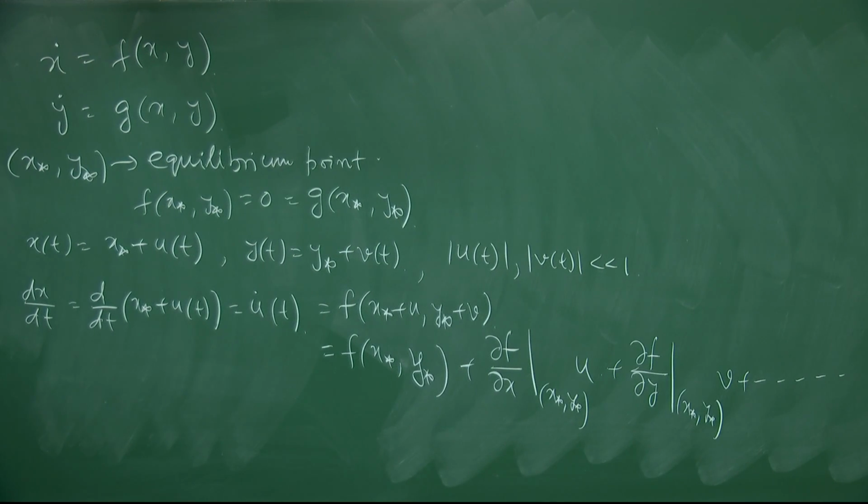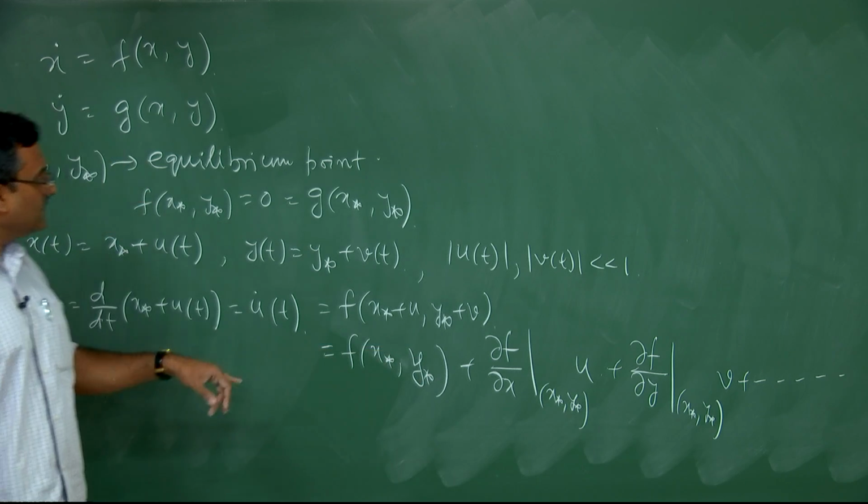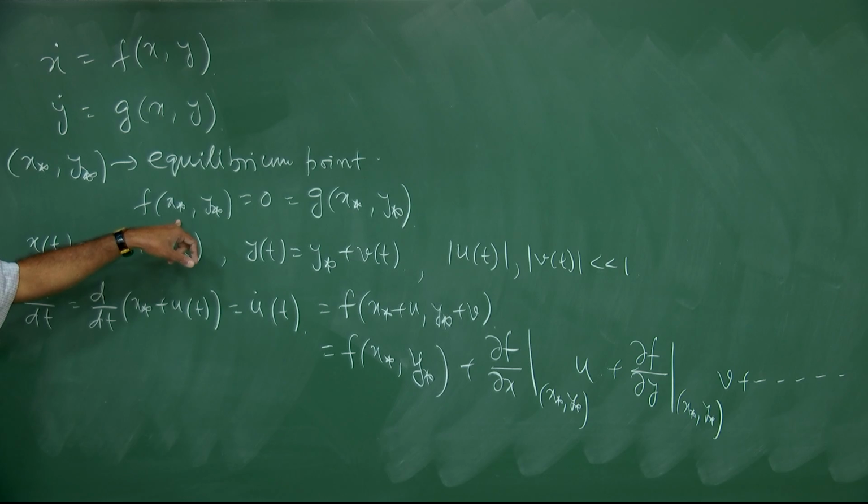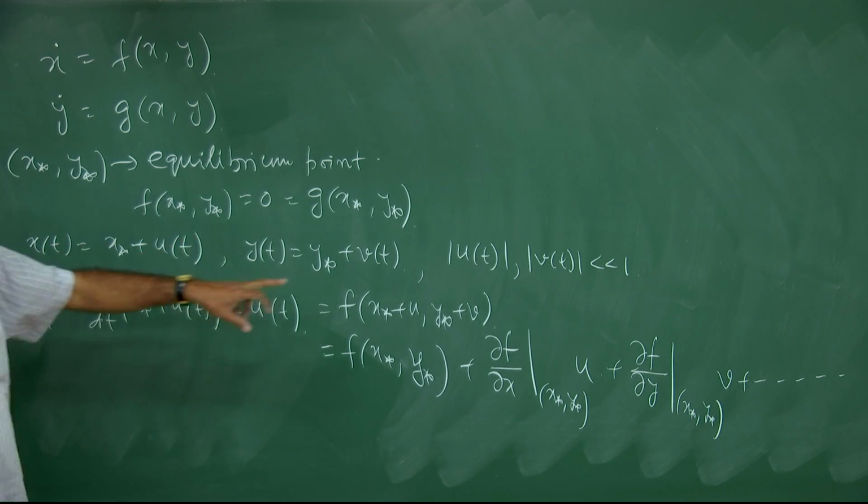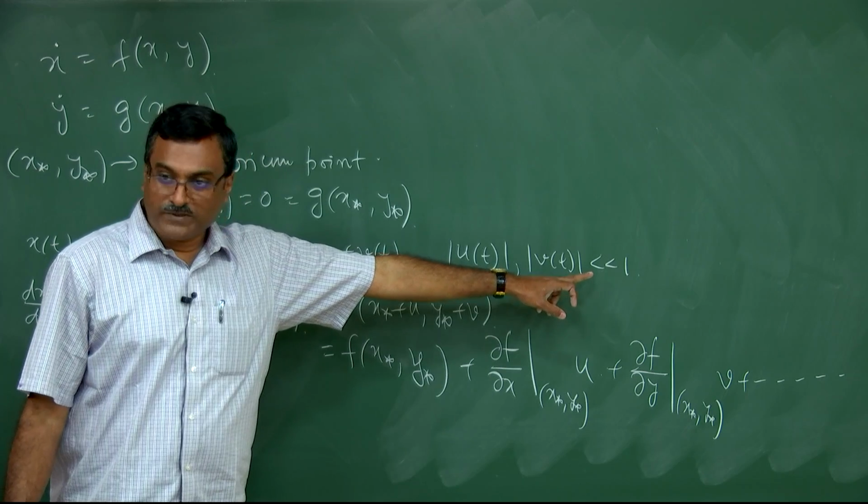correct. So what is your f of x star, y star? This is an equilibrium point, so this is equal to 0, right. u and v are much less than 1.